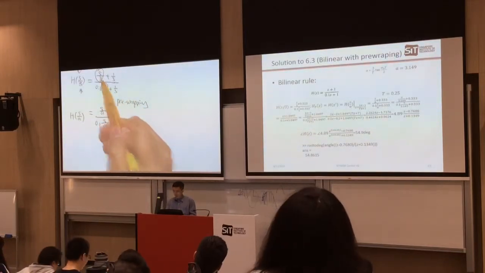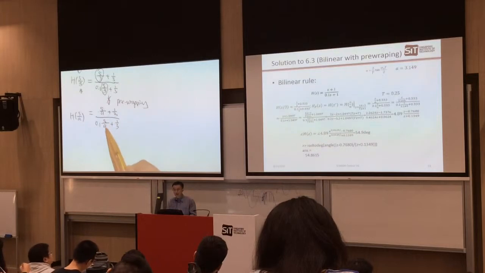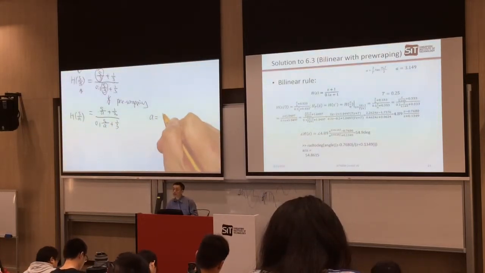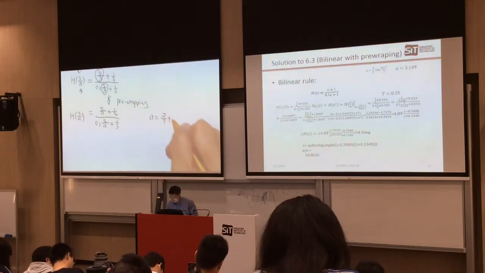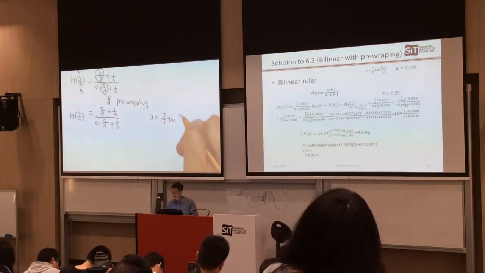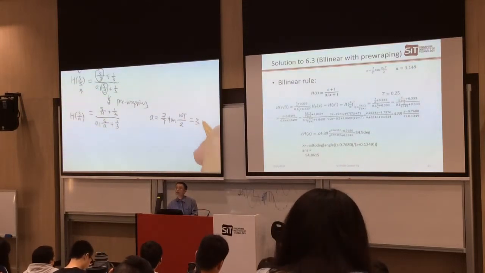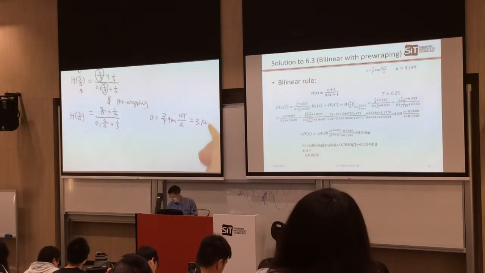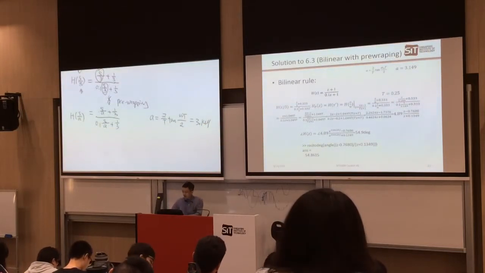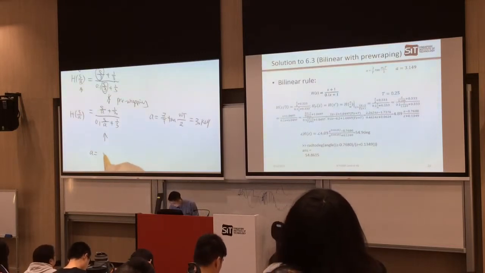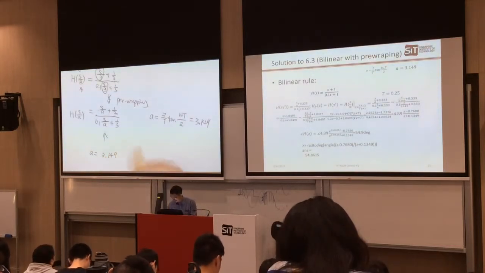I replace your omega by k, and where your a is equal to this. In this case, after I calculate, this one is 3.149. Then I substitute the a by 3.149. That's what I get.